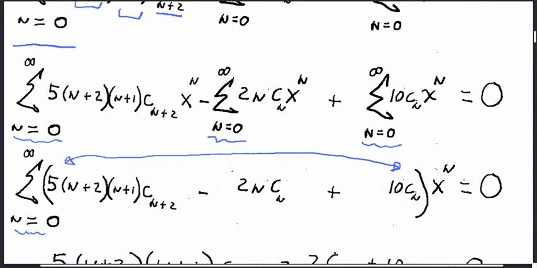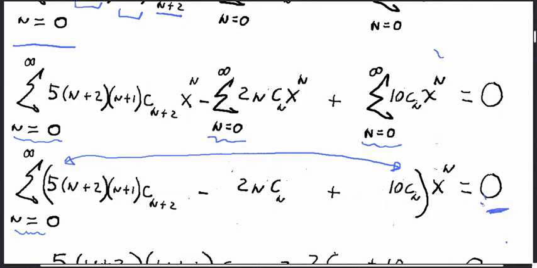And this is where we get our recursive relationship, because the coefficient of x to the n on the left-hand side has to be equal to the coefficient of x to the n on the right-hand side, and on the right-hand side we just have the number 0. All right, so 0, okay.